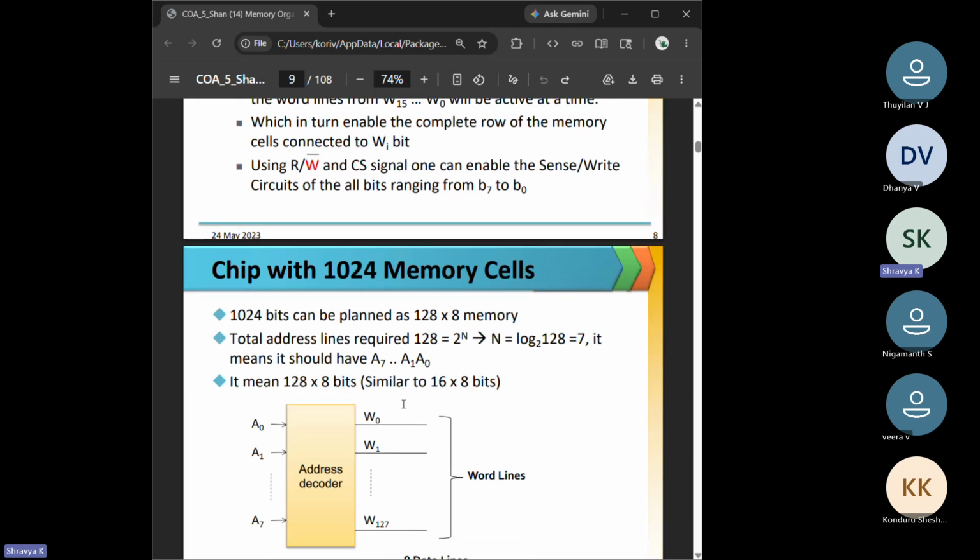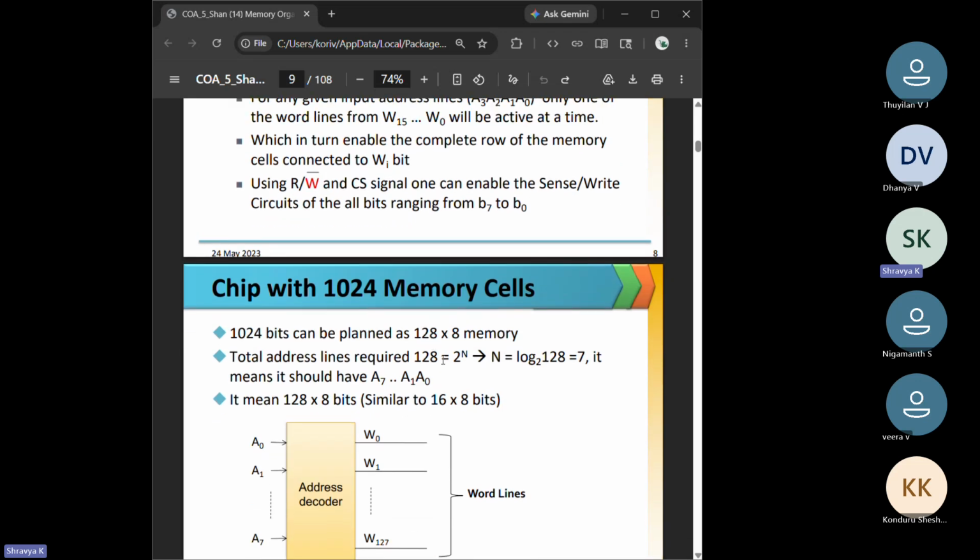And the total address lines required will be found like this. Since we need 128 rows, we know we'll need 2 to the power n, where n is the number of address lines. If you have n address lines, you will have 2 to the power n rows or words. So the way you find n is you write the number of rows, or the number of words, equate that to 2 to the power n, and solve for n like this.